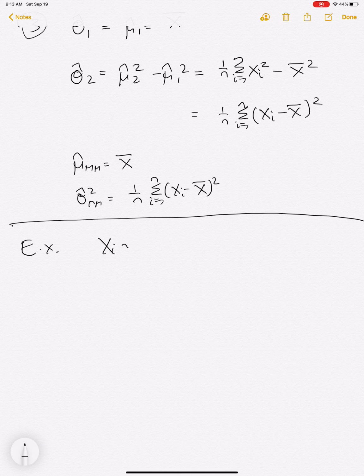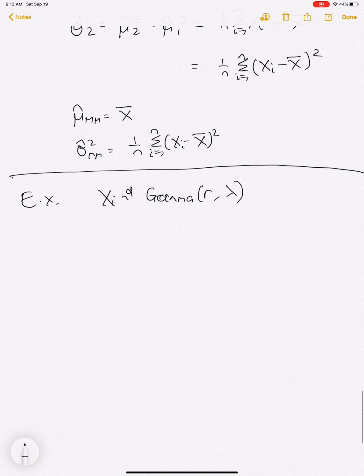Now let's look at the example where we have gamma of r lambda. So just to remind everyone what that looks like, that means that the parameters we have are r and lambda, and it has this PDF.